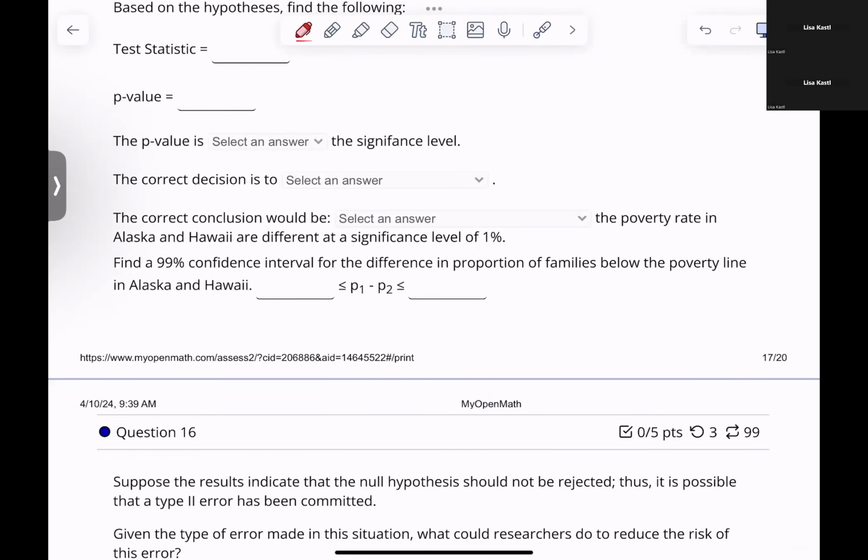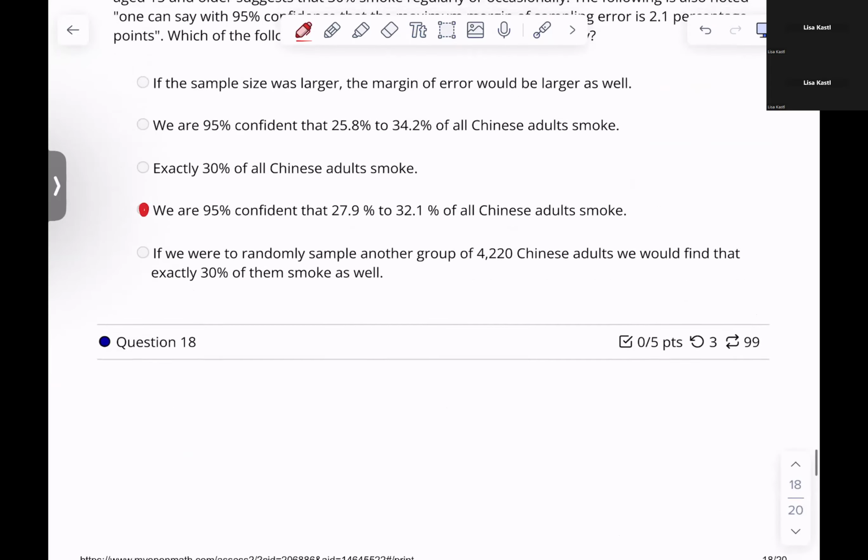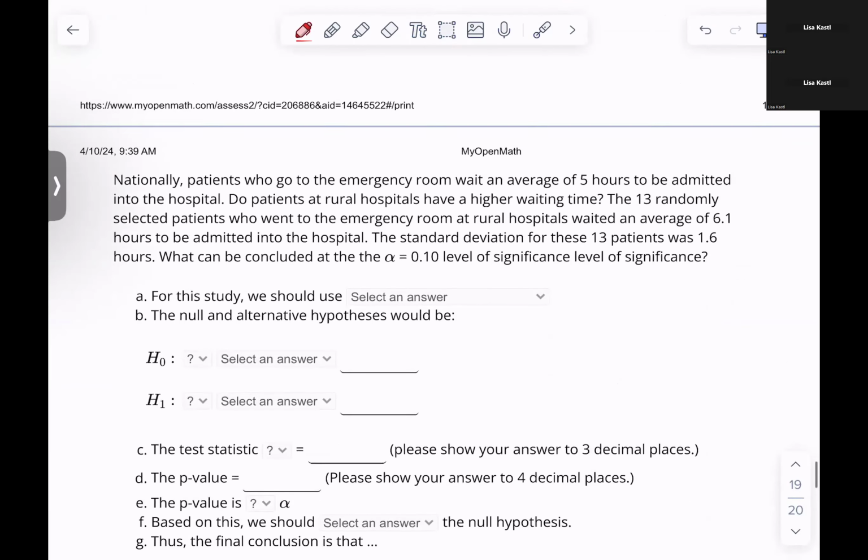To find the confidence interval, you use a 2-proportion Z interval. Because you got 2 proportions and you're calculating a confidence interval. So that's the one you would use. Problem 16. We did. Problem 17 we did. Problem 18.